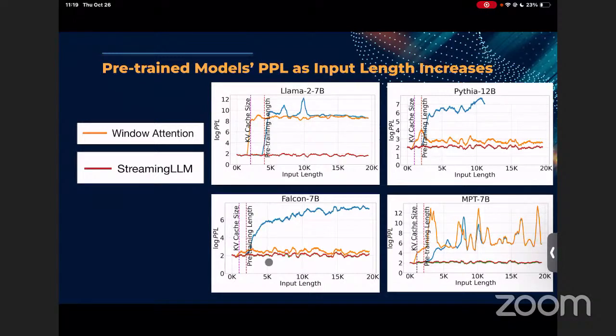So across all the different models that they tried, StreamingLLM performed the best with the lowest perplexity, whereas window attention, which is what we really care about, its perplexity would increase after this cache size is exceeded.